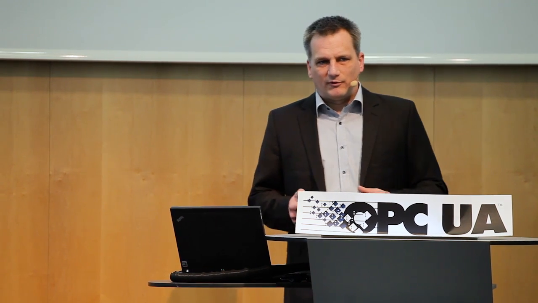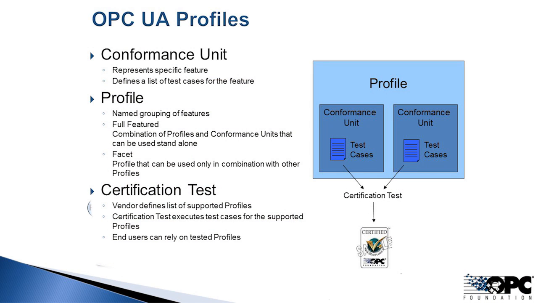So talking about scalability, how to now create a server with a certain functionality. The OPC Foundation has defined conformance units and profiles. Conformance units are the smallest parts of functionality you can imagine and you can test. So it's a unique functionality.